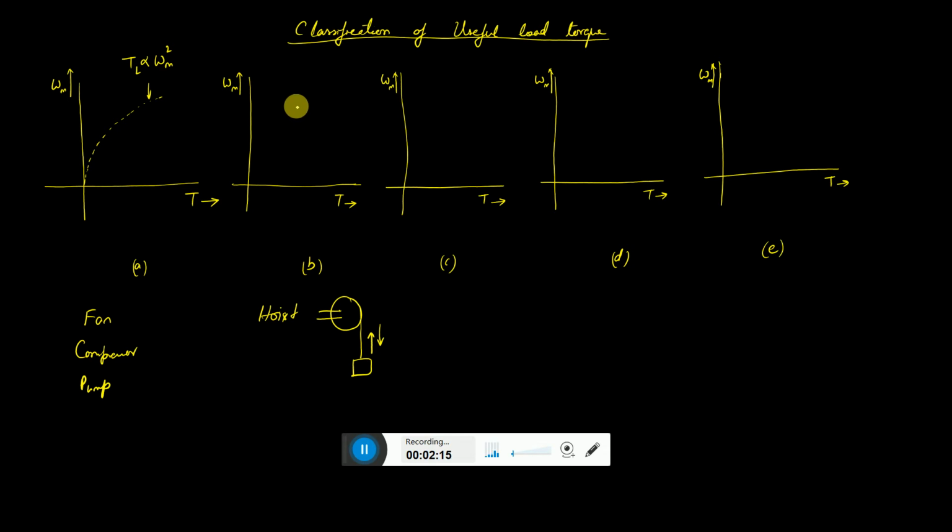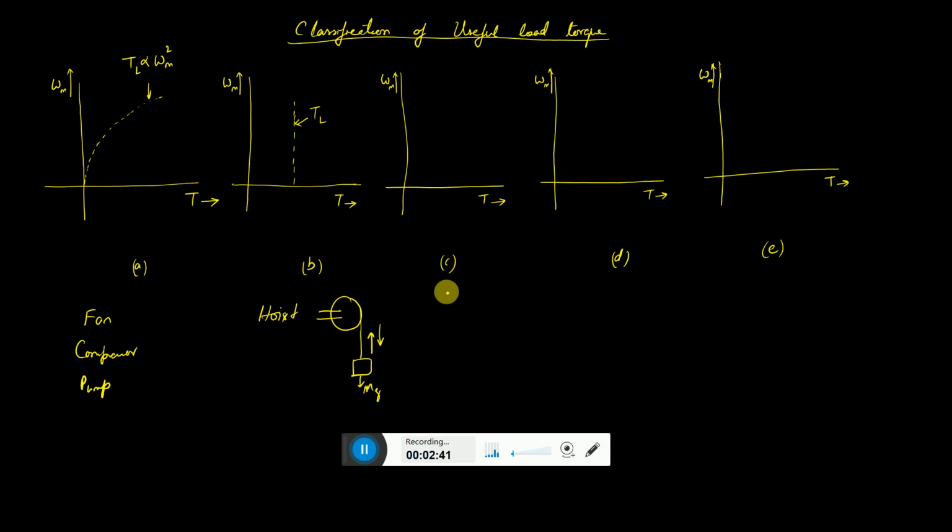This type of load is having a fixed load torque because the load torque is only because of the gravity, mass into acceleration due to gravity, mg. So this is the TL, which is a constant, especially for the low speed hoist.